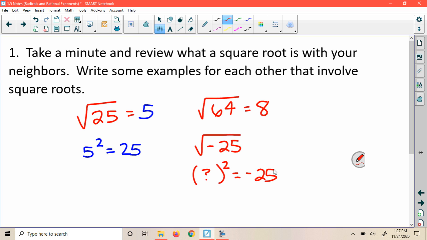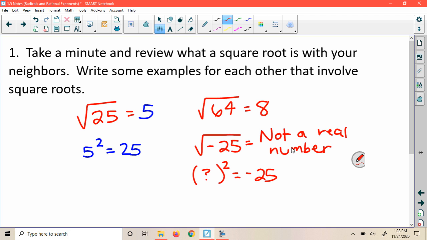Well, negative 5 times negative 5 is positive 25. It doesn't equal negative 25. So the answer, the way our book puts it, is not a real number.